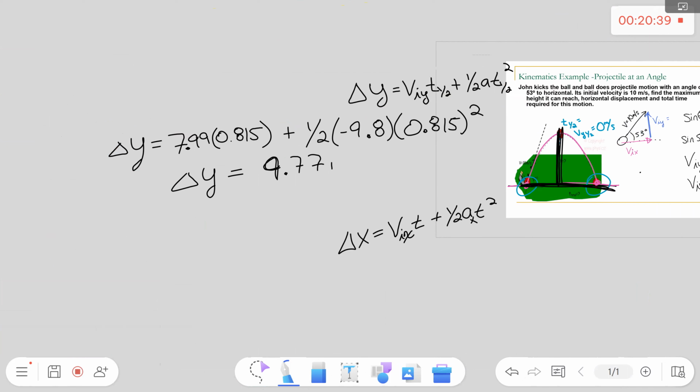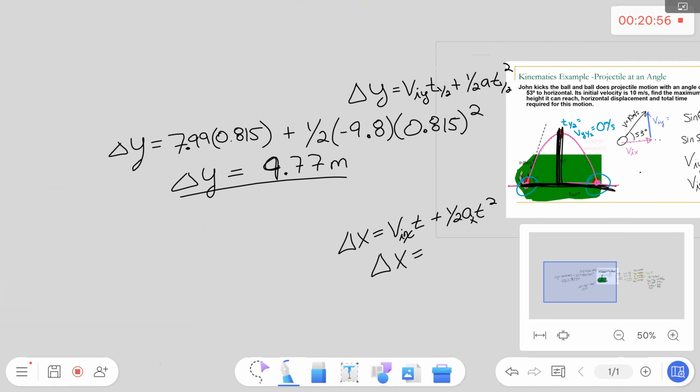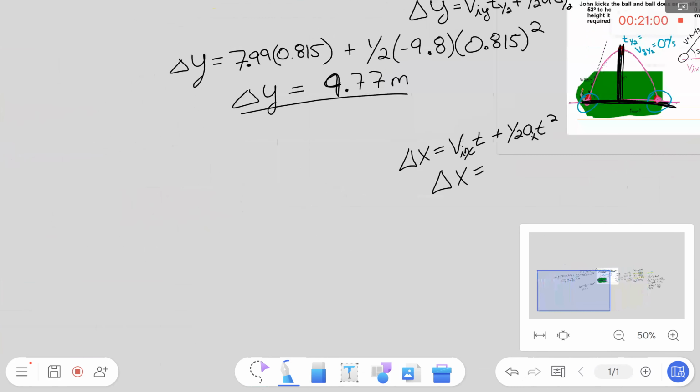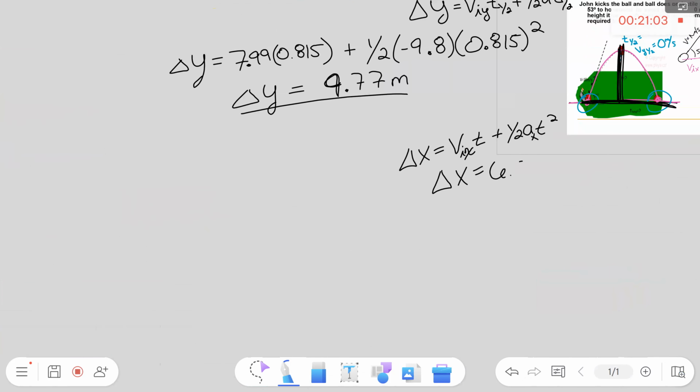9.77 meters. Initial velocity in the x direction. What was that number? It was like 6 point something, right? 6.02. I love stuff in the x direction. Somebody know why?